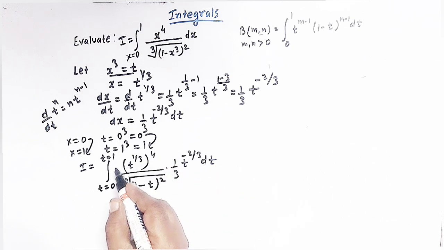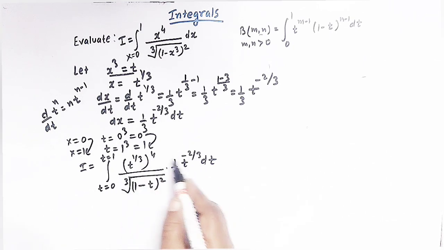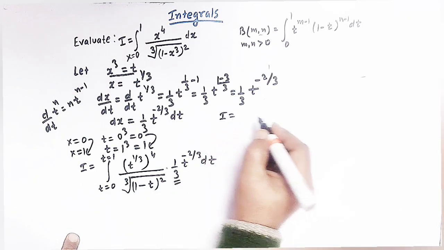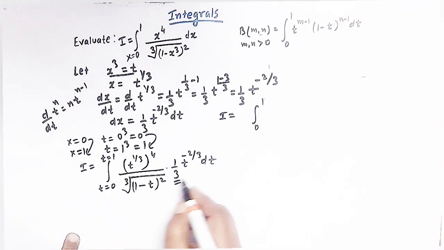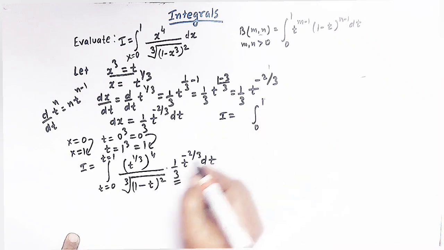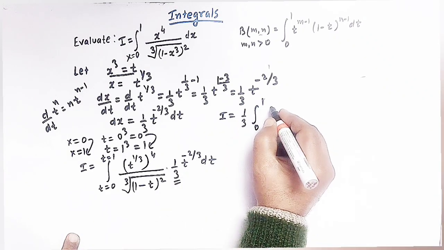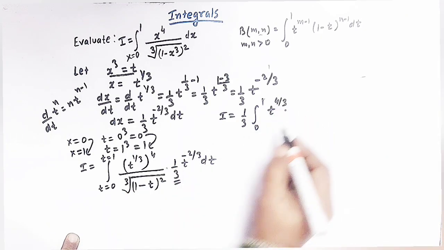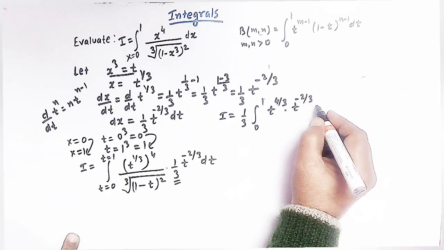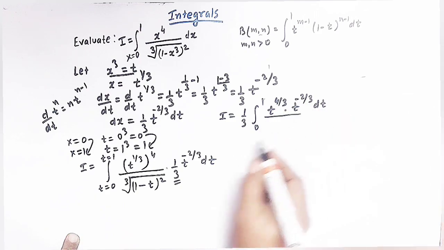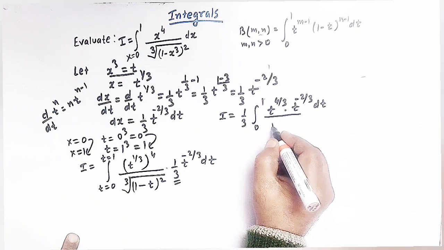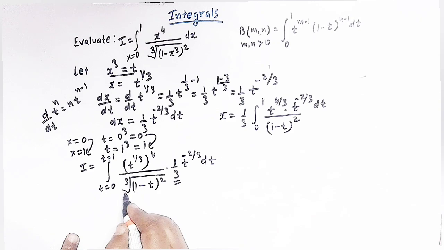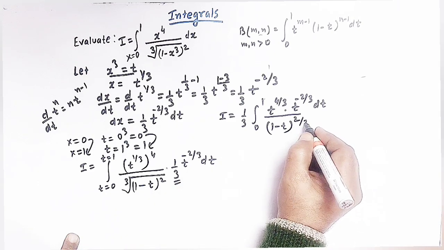So now let us simplify this integral. So now we can write this integral I as 0 to 1, and here we can take this term 1 over 3 outside the integral. Then we have t raised to 4 over 3 and t raised to minus 2 over 3 dt, and in the denominator we can write (1 minus t) squared under the cube root, so here we can write 2 over 3.